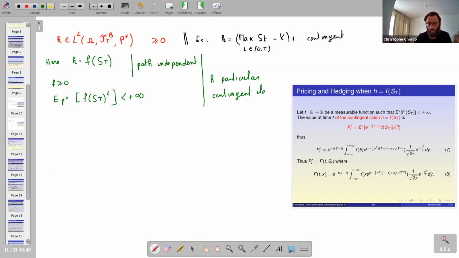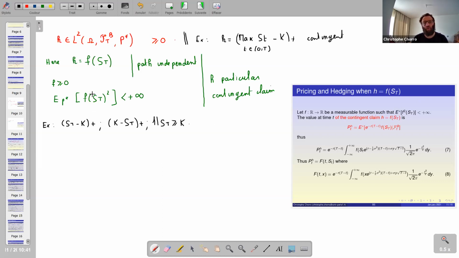We are going to work with contingent claims. For example, if you take a call option or a put option or a digital option, it has this form: a function of the final value, with a function f that is integrable.